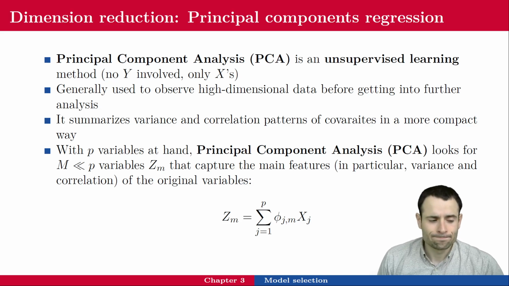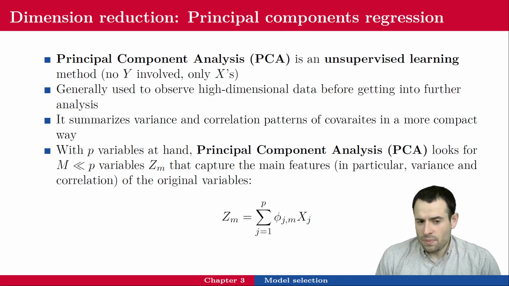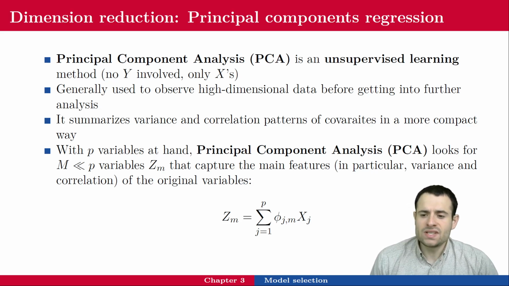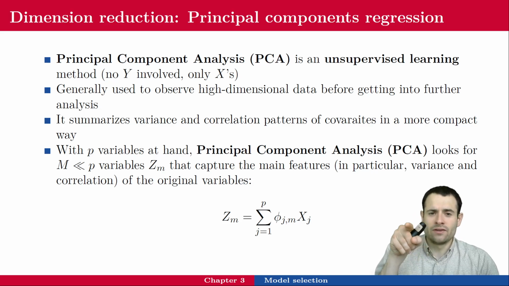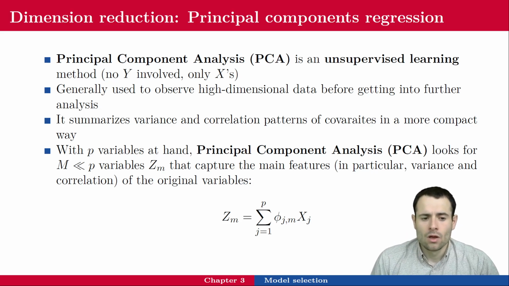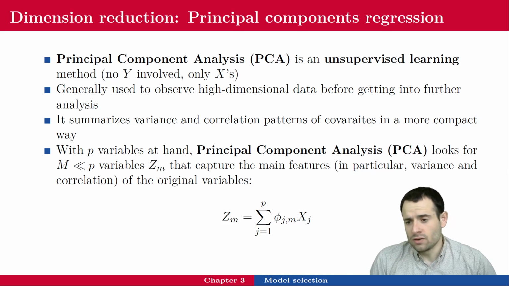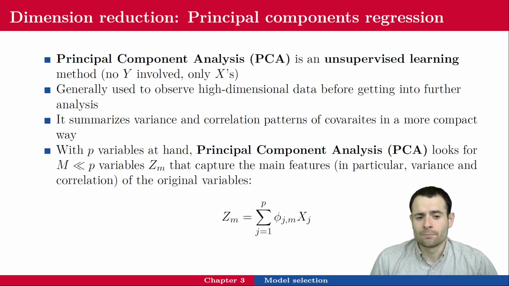Here is the idea. With p variables at hand, imagine you have p variables. I was talking about 100 until now. PCA is going to look for m variables way lower than p, which is why we have two inferior signs. Those variables are going to be called Zm, that capture the main features, in particular in terms of variance and correlation of the original variables.